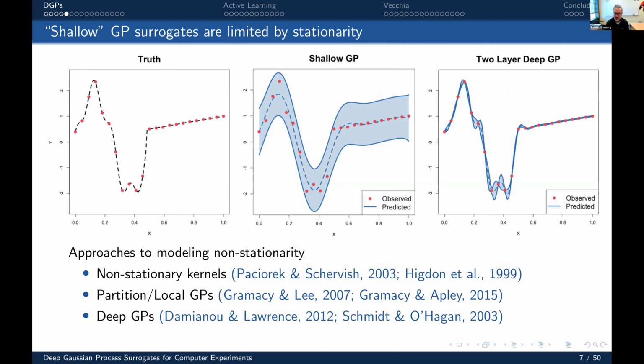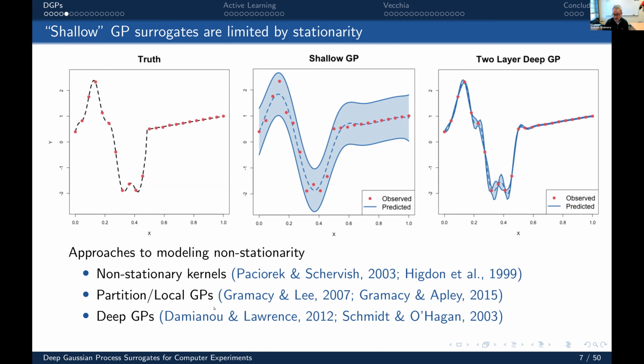Now, this deep Gaussian process I'm going to tell you about is not the first approach to modeling non-stationarity in the literature. And the ones that I've cited here on the slide are not the only ones, but they're just some examples. So from the spatial statistics literature, folks have looked at kernels that evolve in the input space. So that's where distance is treated differentially as a function of that kernel K that I showed you earlier throughout the input space.